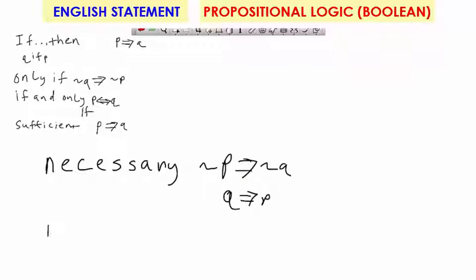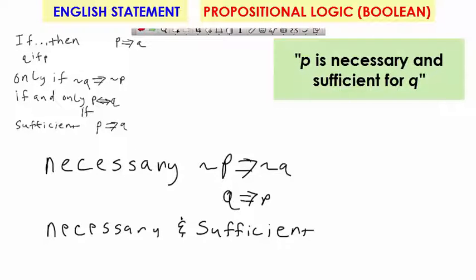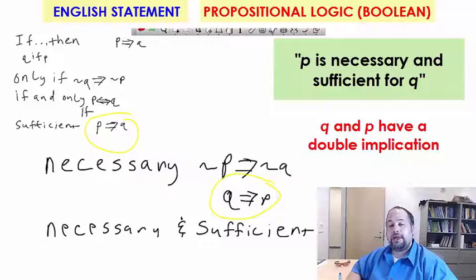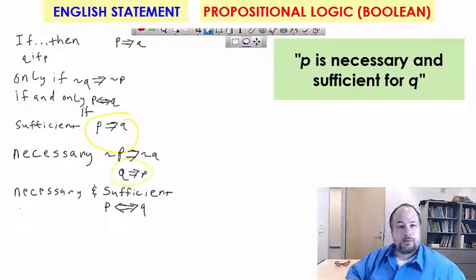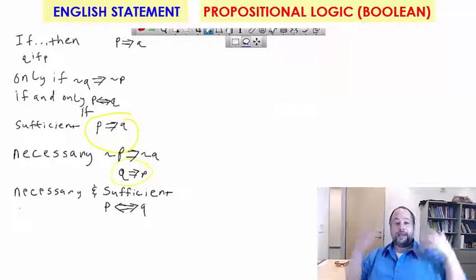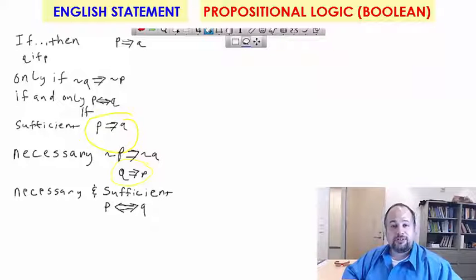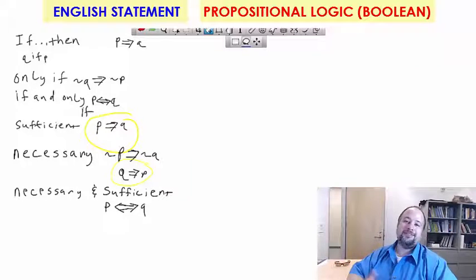Which leads us to the next statement, necessary and sufficient. We know that sufficient is P implies Q, and we know that necessary is Q implies P. So if it's necessary and sufficient, it must mean that Q and P have a double implication. That's what necessary and sufficient means. Honestly, this does not come up a huge amount when human beings speak English. When have you ever said that something was necessary and sufficient?